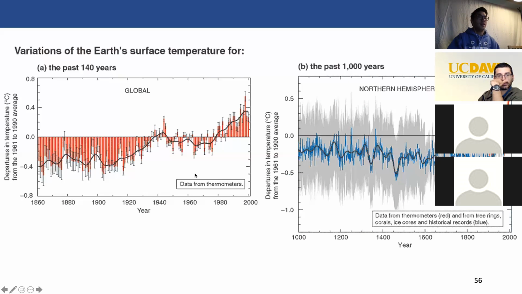And you can see that over the last couple centuries there has been a very steady temperature trend before a sudden increase at the start of about the Industrial Revolution.